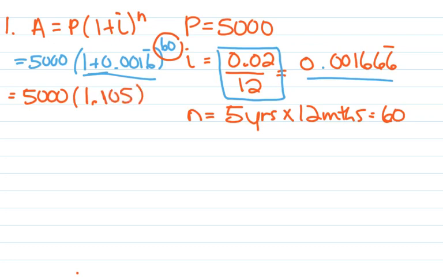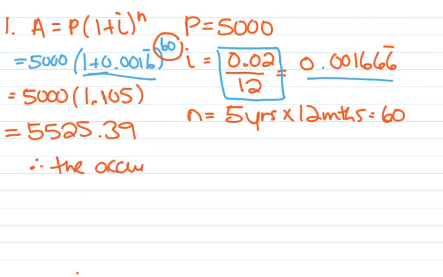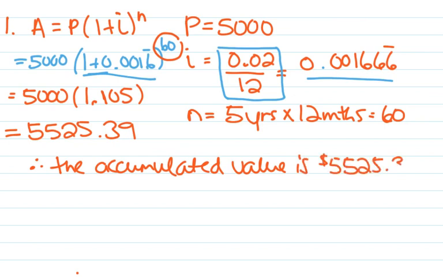Leave those decimals in your calculator. Times by 5,000 equals 5,525.39. So therefore, the accumulated value is $5,525.39.